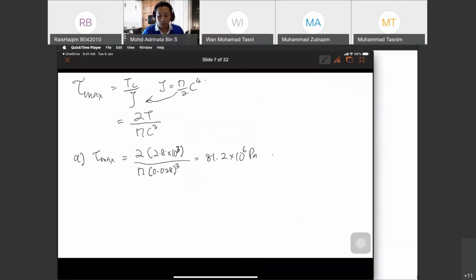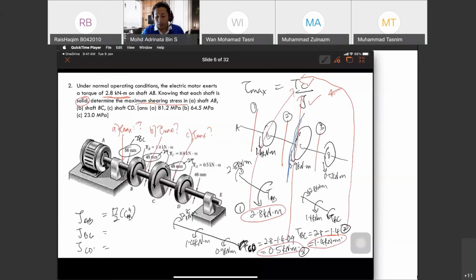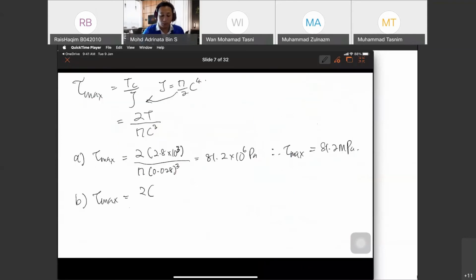0.028 to the power of 3 equals to 81.2 times 10 to the power of 6 Pascal. So, kita ada tau max sama dengan 81.2 megapascal. B, tau max is equals to, torque dia adalah 1.4 kilonewton meter over pi times C dia 0.024, 48 millimeter diameter. Okay, so finally kita akan dapat 64.47.